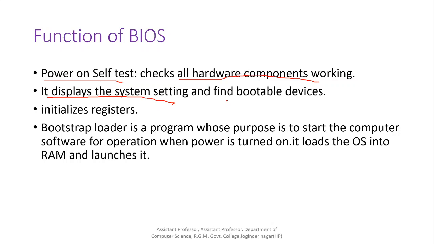Again we have other devices like CD-ROM and DVD-ROM, all of which are bootable devices. The next function of BIOS is to initialize the registers. Registers are smaller memory in the CPU, and the function of BIOS is to initialize these registers.